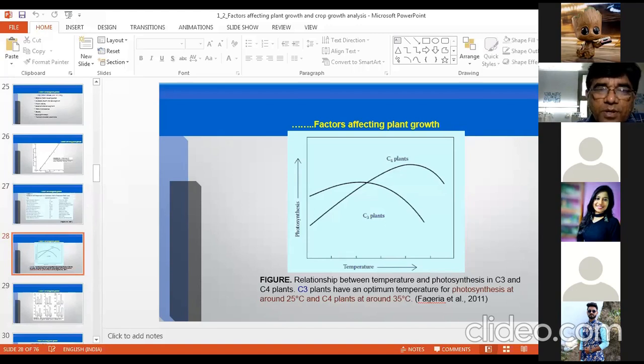In this case, you have two types of plants, C3 plants and C4 plants. You can see the temperature requirement of C4 plants is higher. This is just relative, not exact values. So relatively, C4 plants require higher temperature than C3 plants for more growth.